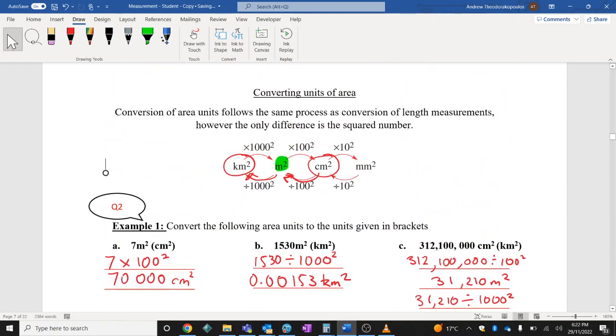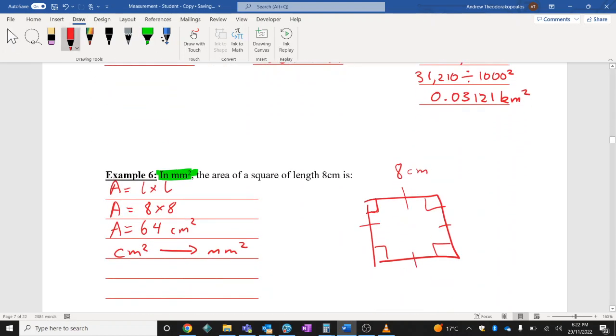Centimeters squared to millimeters squared means we need to times by 10 squared, and that's going to get us 6,400 millimeters squared.